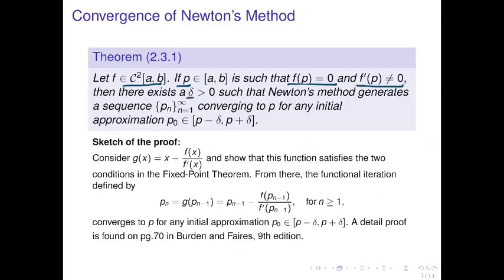The theorem says that there exists a delta such that the method converges and generates a sequence of estimates p sub n converging to the desired root p for any initial estimate p sub 0, as long as that estimate stays within a small range from the desired root p. So delta has to be small here in order for the theorem to be established.